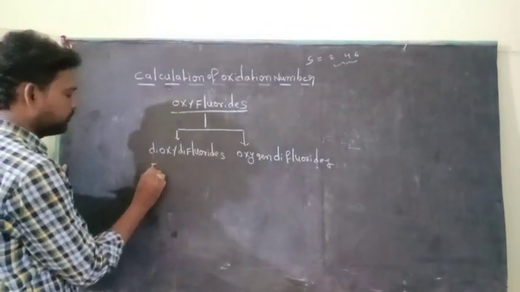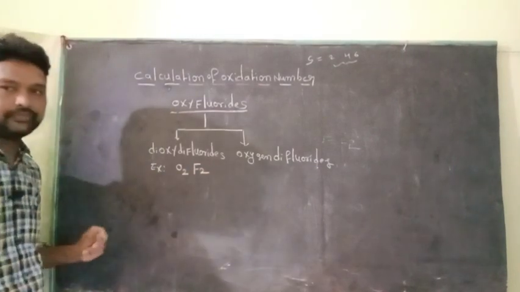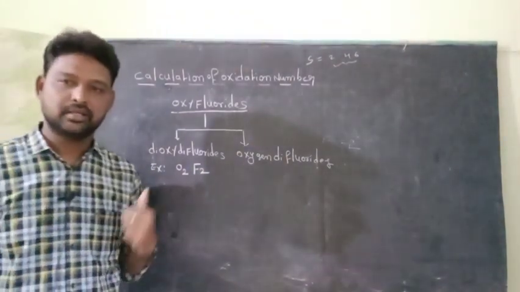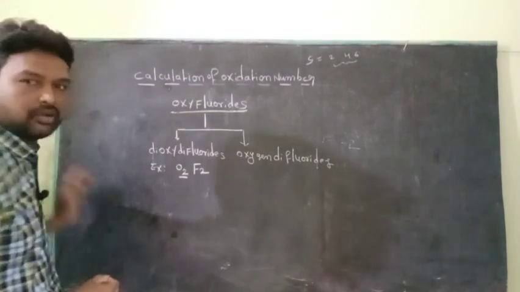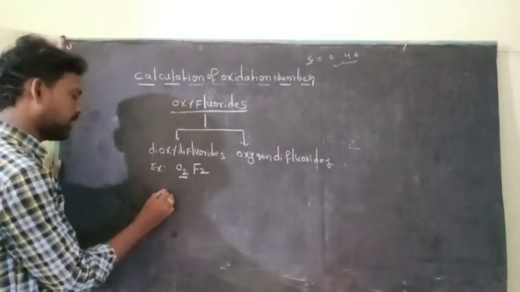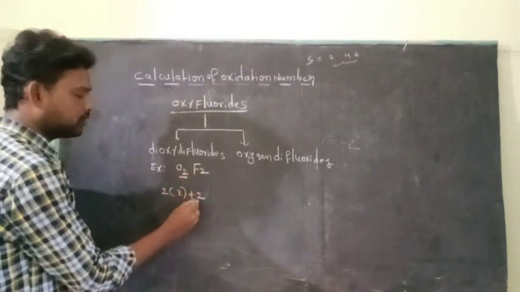For example, O2F2. This is dioxydifluoride. So in this compound, what is the oxidation number of oxygen? Now we can calculate: 2 into x plus 2 fluorine atoms, 2 into the oxidation number of fluorine.